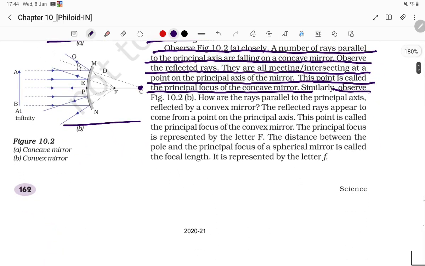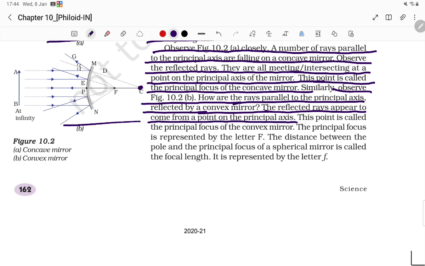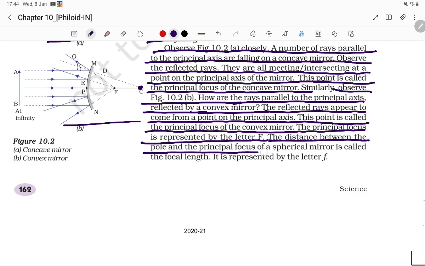Similarly, observe in 10.2b how the rays parallel to the principal axis are reflected by the convex mirror. The reflected rays appear to come from a point on the principal axis. The point is called the principal focus of the convex mirror. The principal focus is represented by the letter F. The distance between the pole and the principal focus of a spherical mirror is called the focal length. It is represented by the letter f.